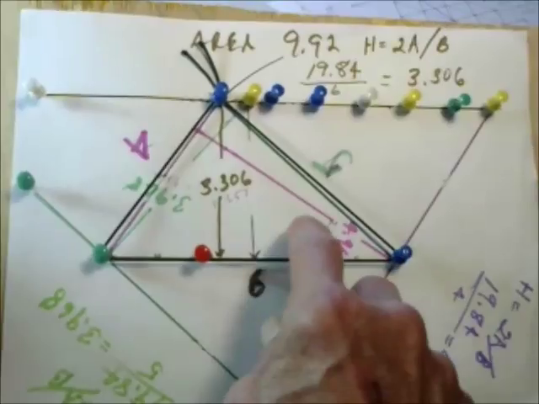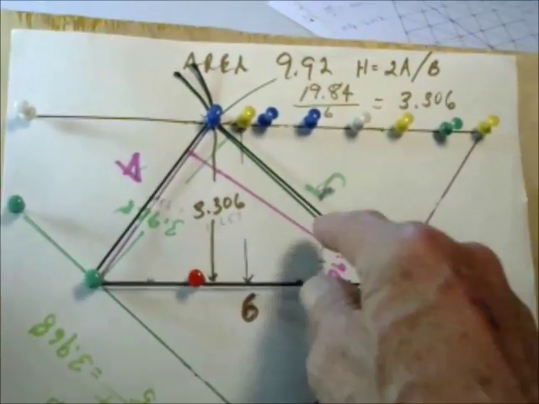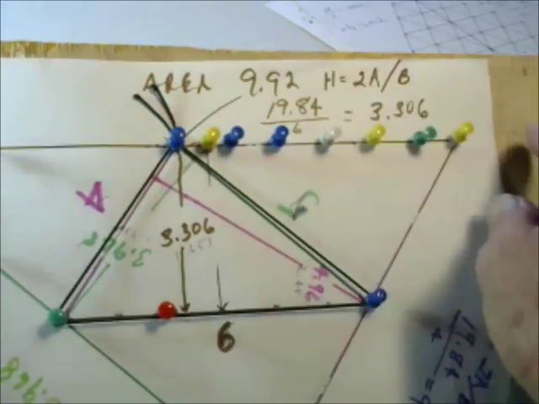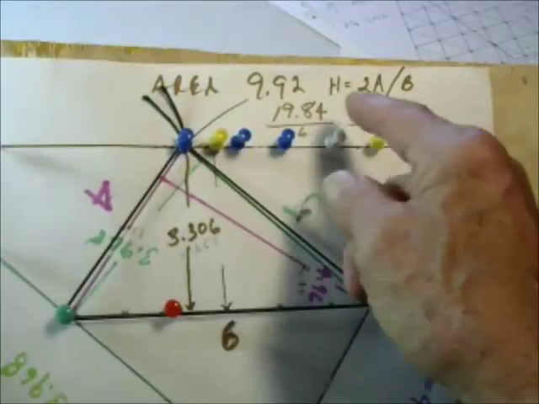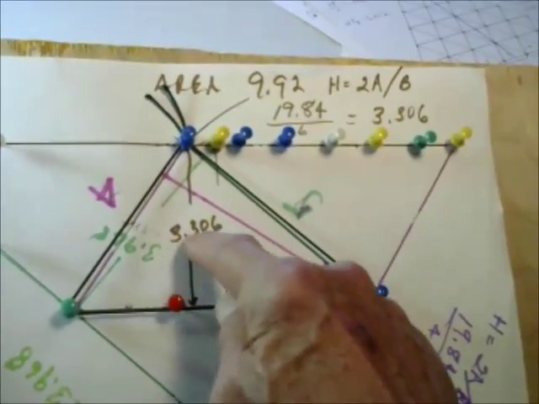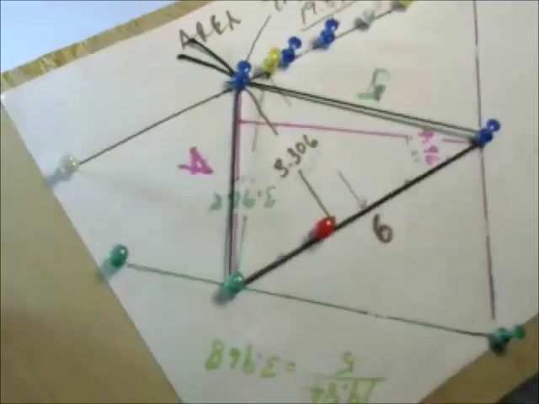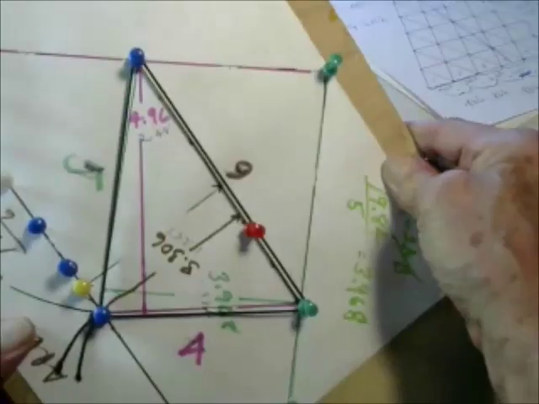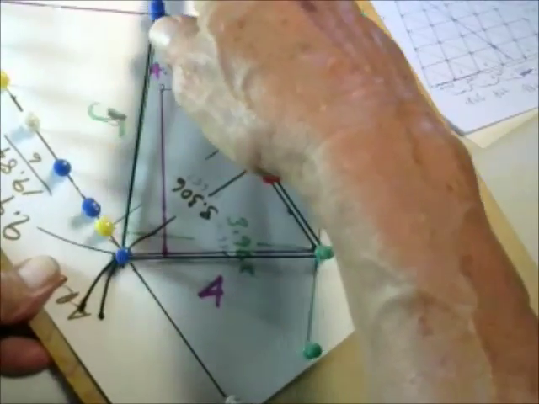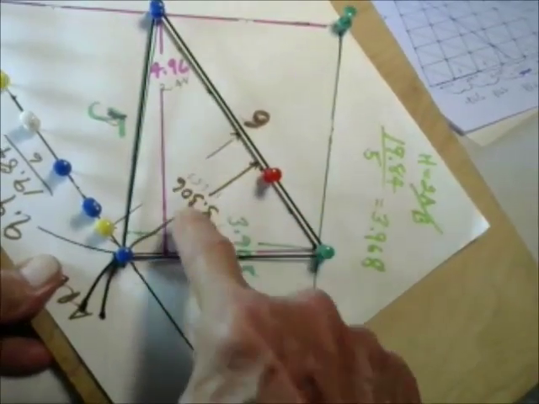In this case, we know the area by the side formula is 9.92, so we can get the height. 19.84 divided by 6 gives us the 3.306 height here. We turn it over here, and we have the same thing: 19.84 divided by 4 gives us a 4.96 height.